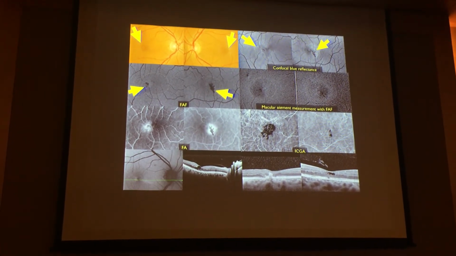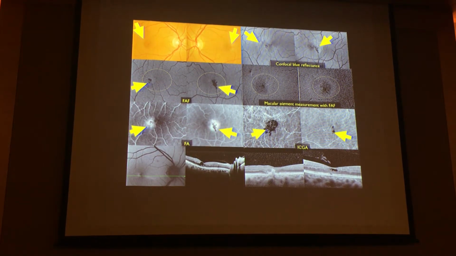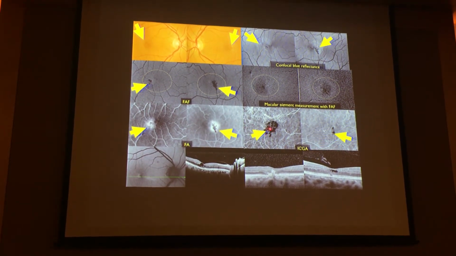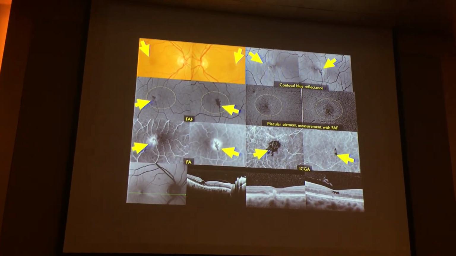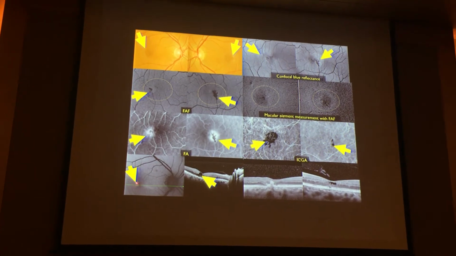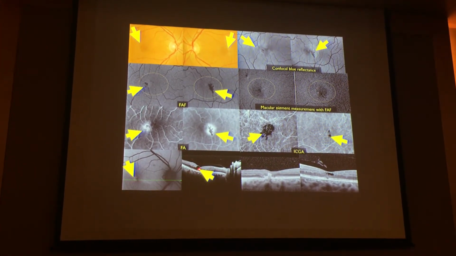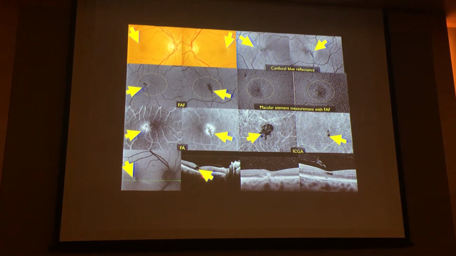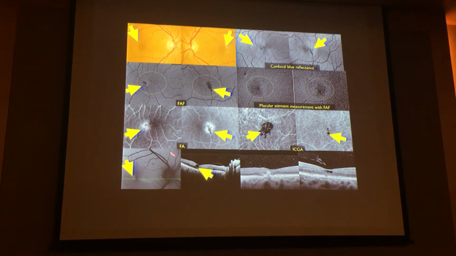Then when you get the choroidal neovascularization, if you do a fluorescein ICG, you can actually see the deep vessel here. Then you have the autofluorescence. This hyper-autofluorescence corresponds to the cyst and does not correspond to the edema that is here.